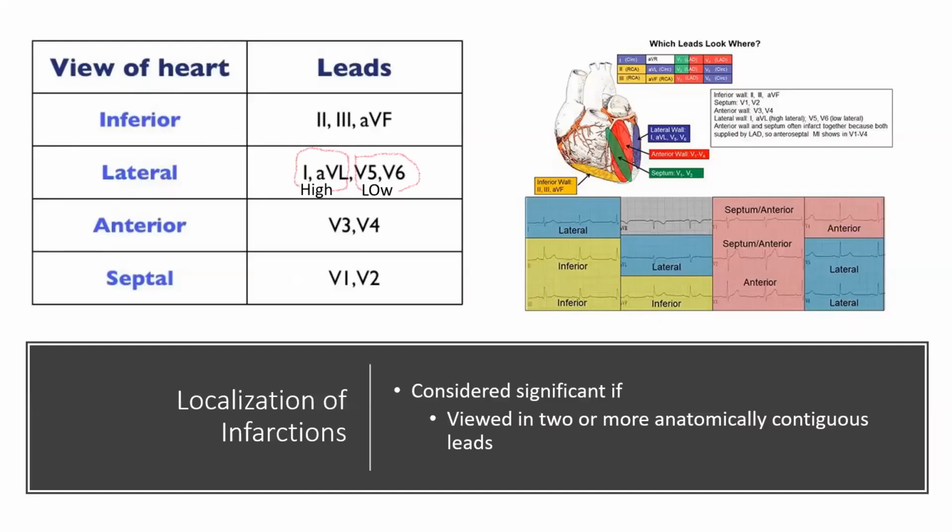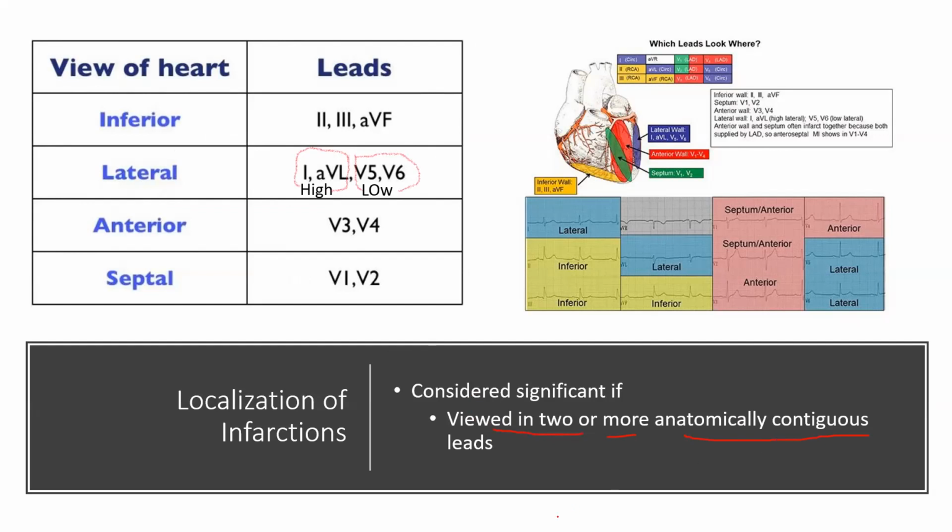So ECG changes of ischemia or infarction are considered significant if they are viewed in 2 or more anatomically contiguous leads. That is a mouthful. See, over here, it is considered significant if they are viewed in 2 or more anatomically contiguous leads.